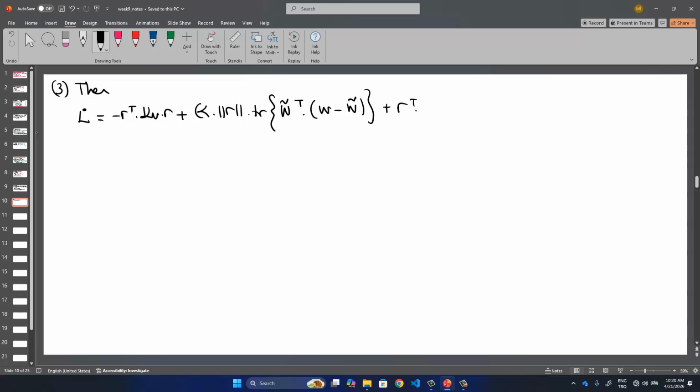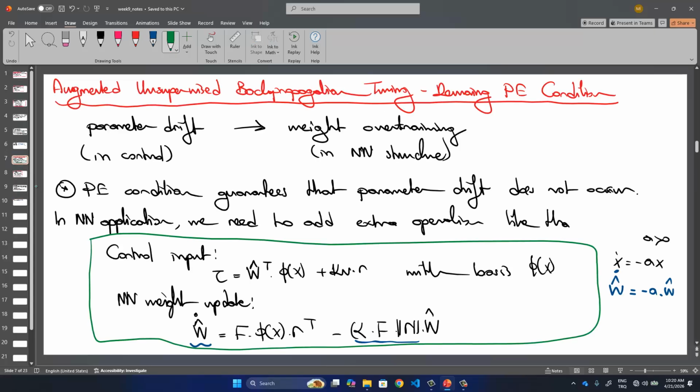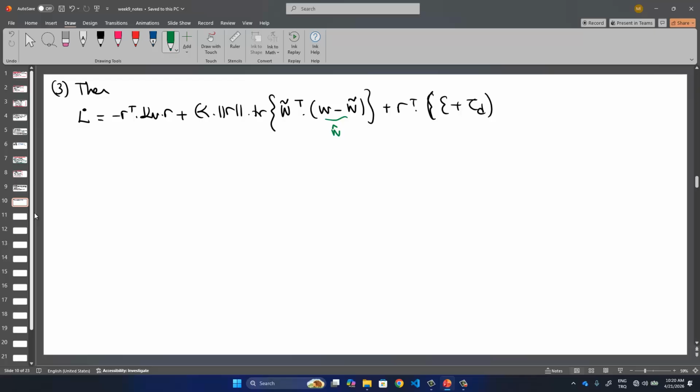Plus R transpose (epsilon plus torque_d). Okay? What's the result of this code? This code yields us the W hat, right? And where are these terms coming from? These terms come from this rule. We put the W hat dot terms into the L dot equation.